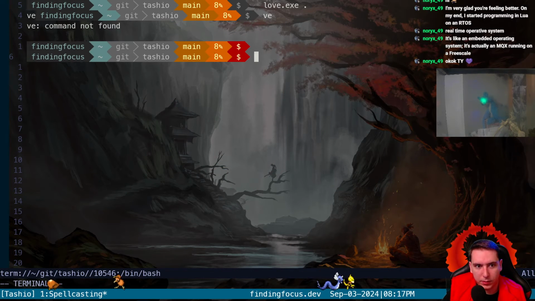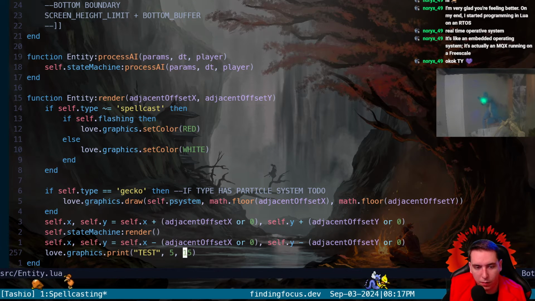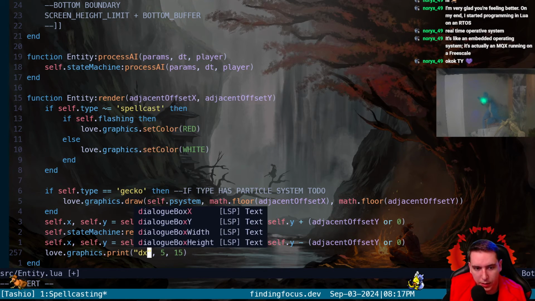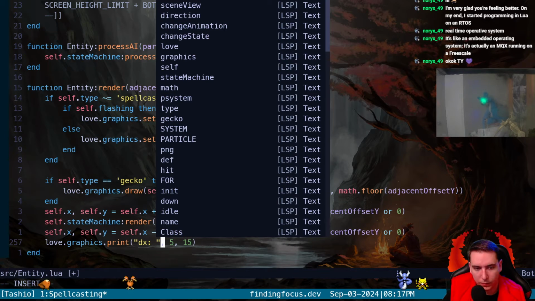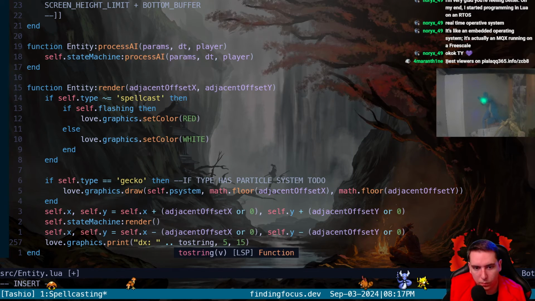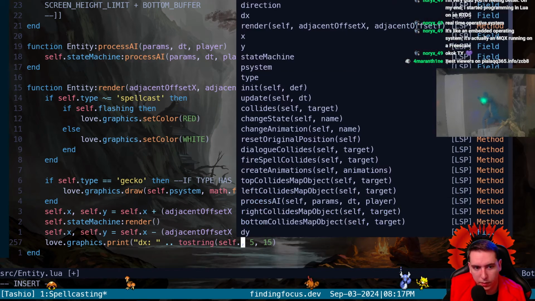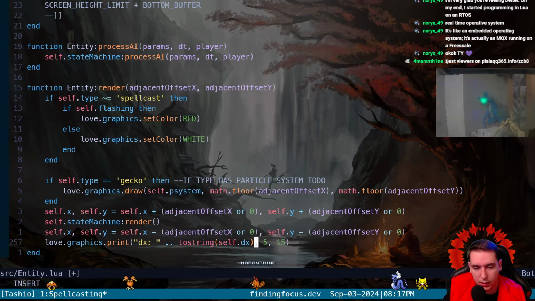Okay, we can see it. So let's put our value in there. It's going to be our DX, and then we're going to concatenate with our self.dx.